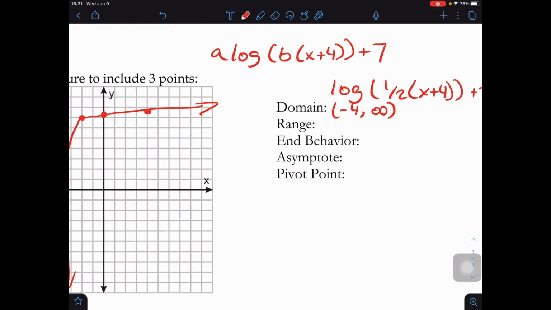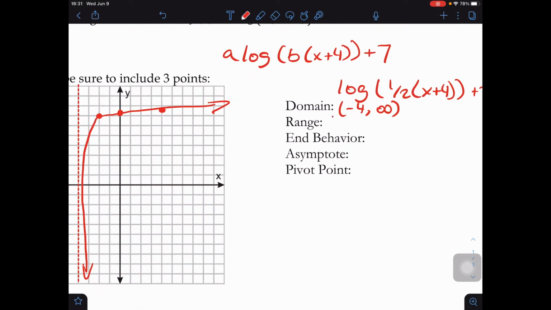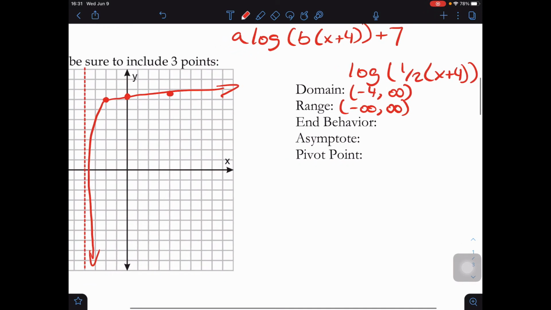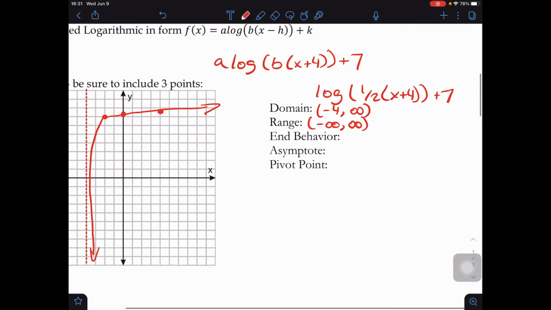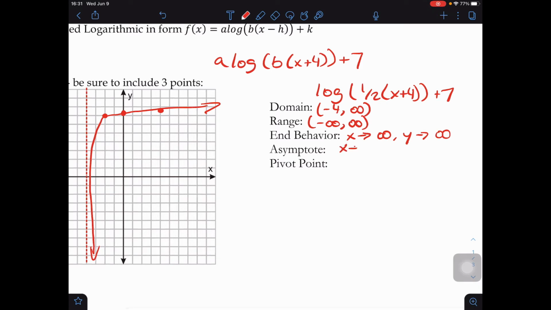Our range appears to be all real numbers from the looks of it, so it would be -infinity to infinity. Our end behavior would be as x approaches infinity, y approaches infinity, and as x approaches -4, y approaches -infinity.